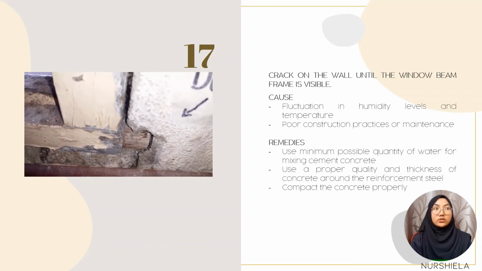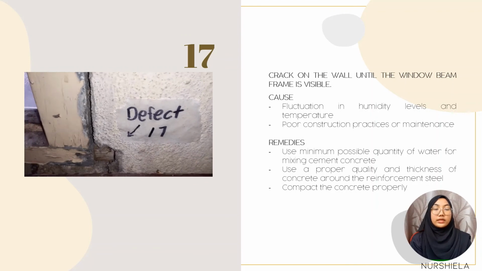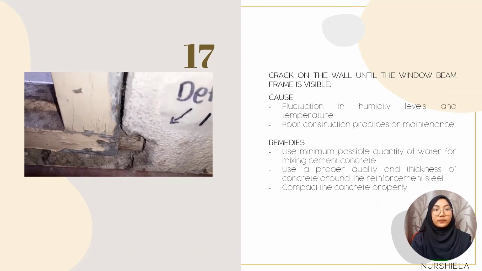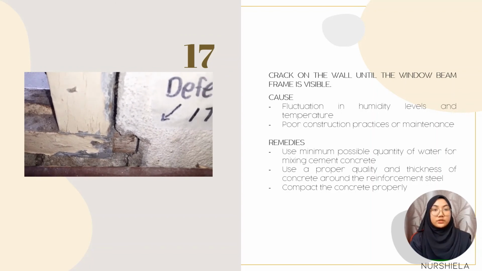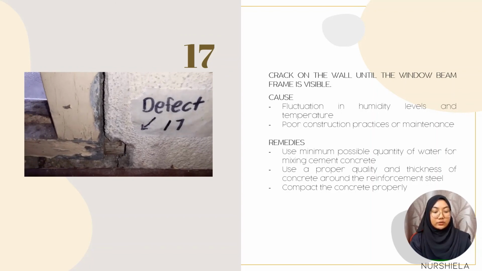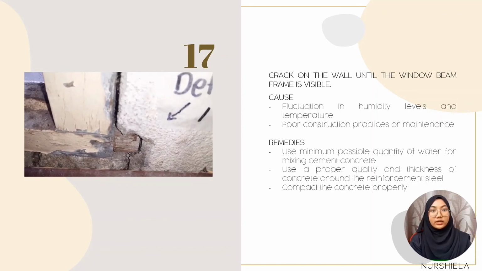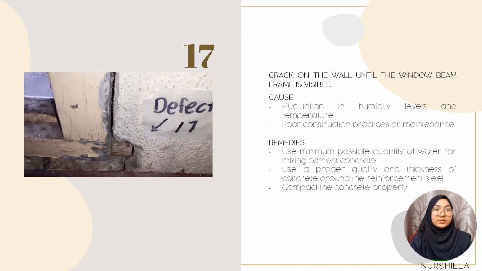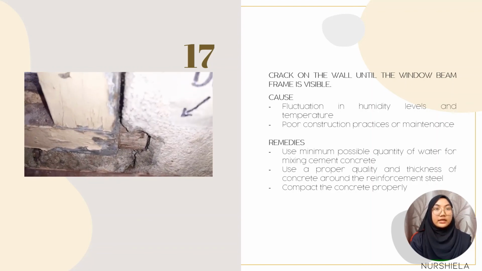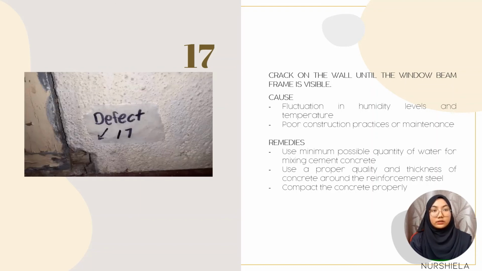It can also be from fluctuation in humidity levels or temperature changes. So the remedy is using a proper quality and thickness of the concrete around the reinforcement steel. Then compact the concrete properly on the wall.